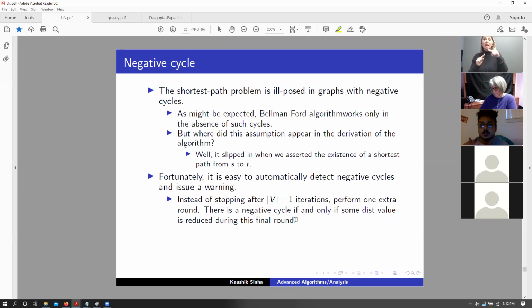Remember that last time we talked about negative cycles where all our vertices have negative edges, and it was a directed graph with cycles, right? In that scenario, I can find a path that is negative infinite distance that does not account for anything, right? So all of these algorithms work with negative edges, but they do not work with negative cycles, right?